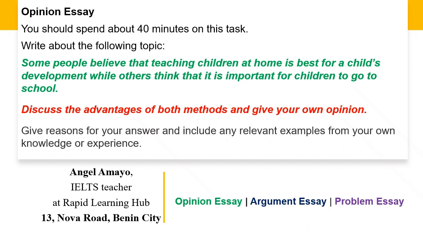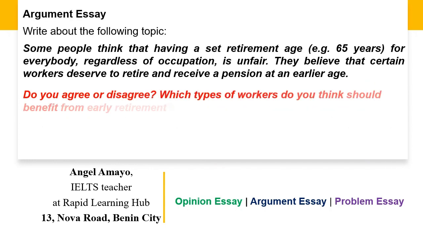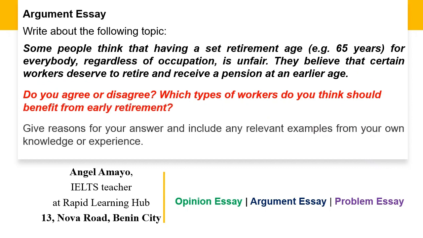Next is an instance of a task 2 that instructs you to support or debunk an argument. It says, some people think that having a set retirement age, e.g., 65 years for everybody, regardless of occupation, is unfair. They believe that certain workers deserve to retire and receive a pension at an earlier age.